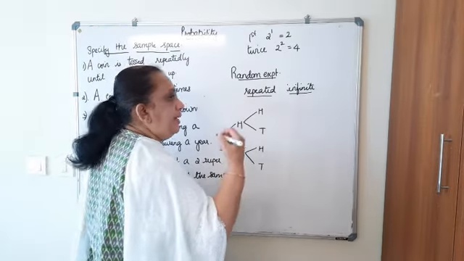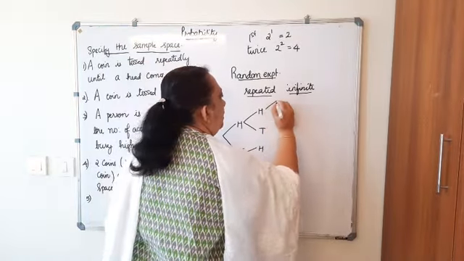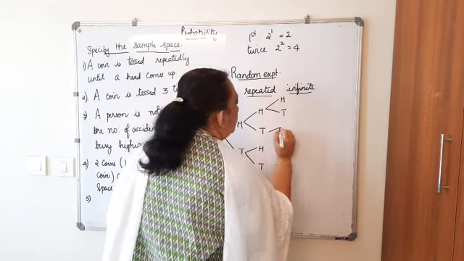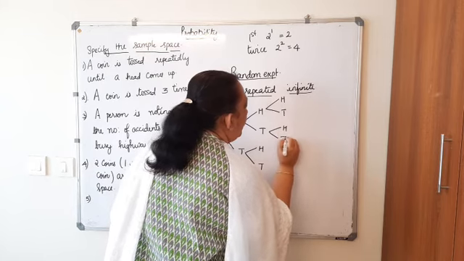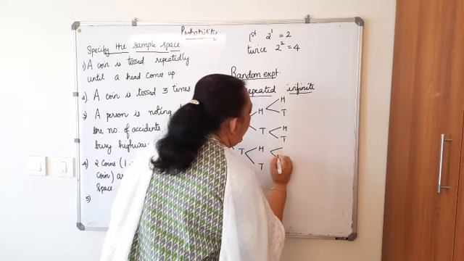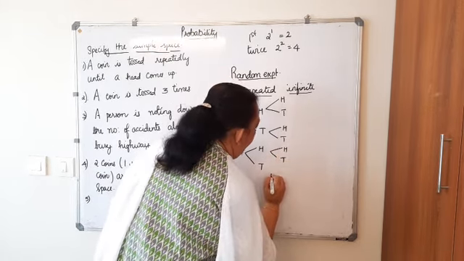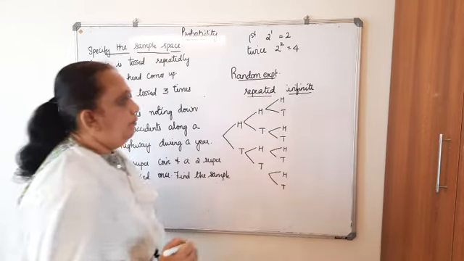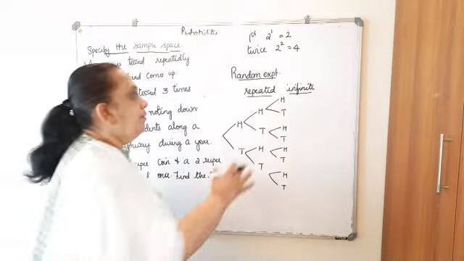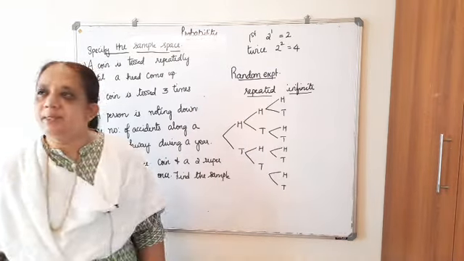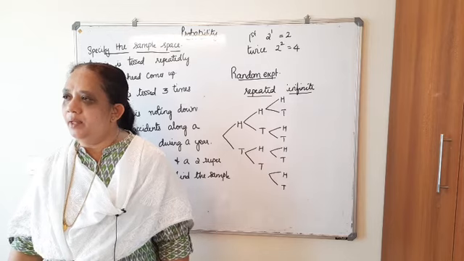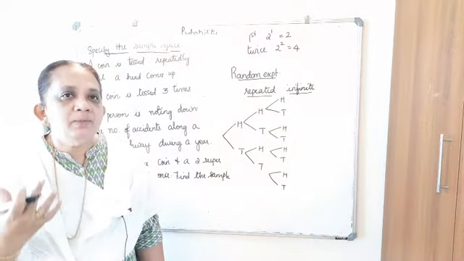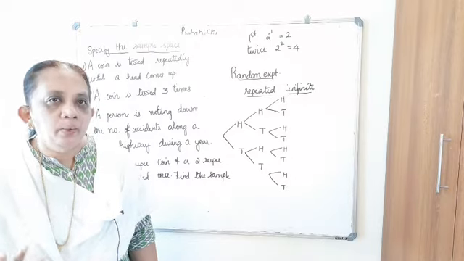Now, when you repeat it the third time, you get a head or a tail. Here too you get a head or a tail. This type of representation for writing the sample space is called a tree diagram. A tree diagram helps us find the sample space quickly as well as more accurately.